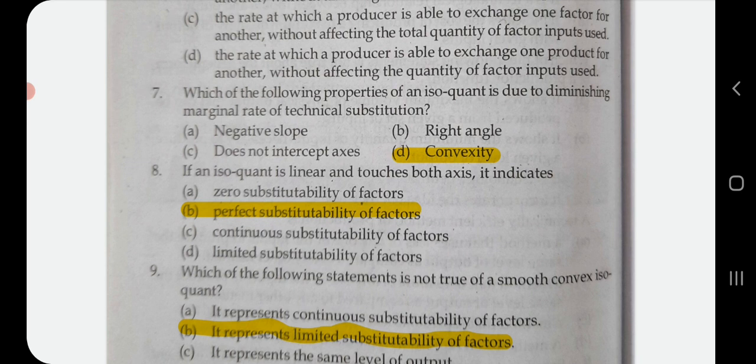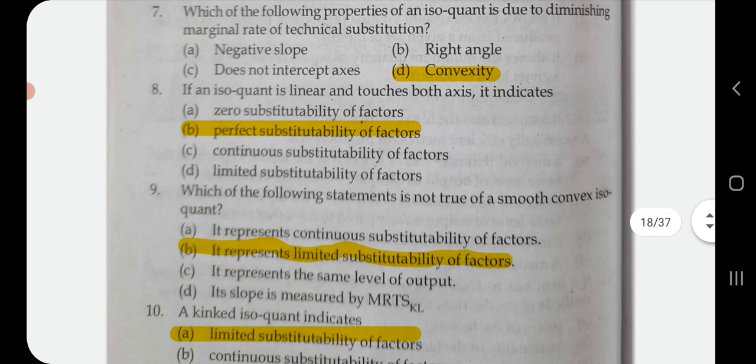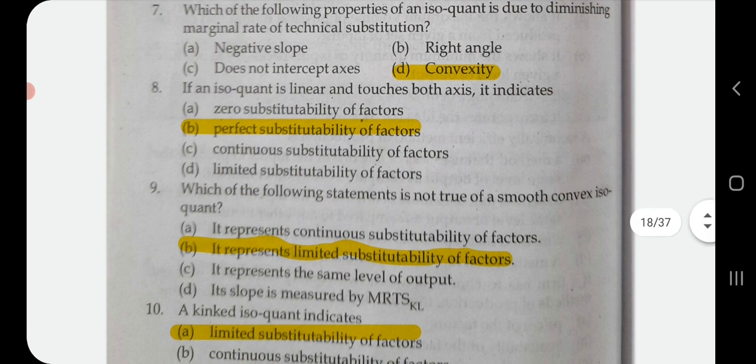Eighth question: if an isoquant is linear and touches both axes, it indicates B is the correct option. Ninth question: which of the following statement is not true of smooth convex isoquant? And the answer is B. It represents limited substitutability of factors.